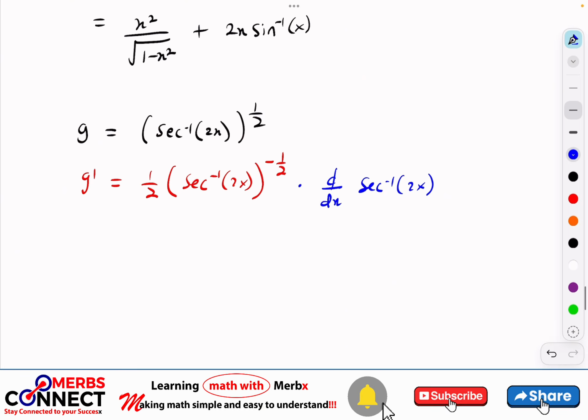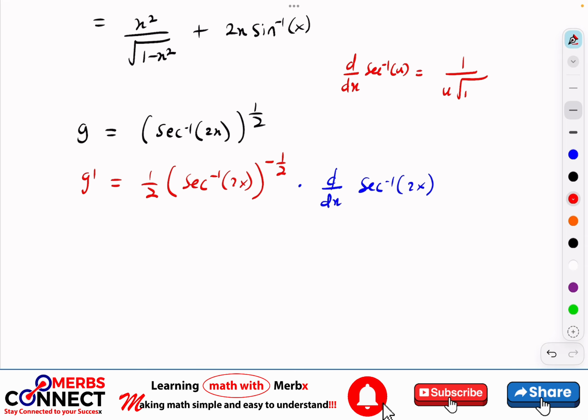Now, using the idea of this, we know that the derivative of secant inverse of u is equal to 1 divided by u square root of u squared minus 1 times u prime. So u is equal to 2x and u prime will be equal to 2.